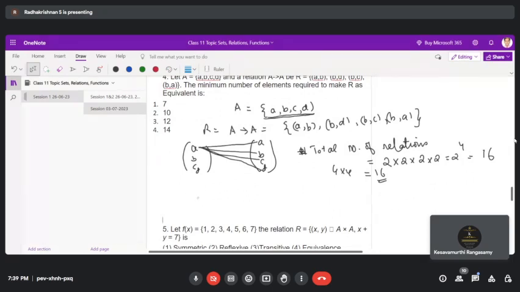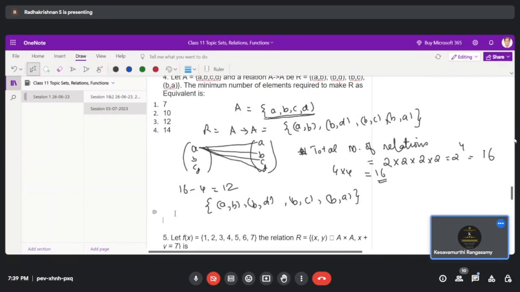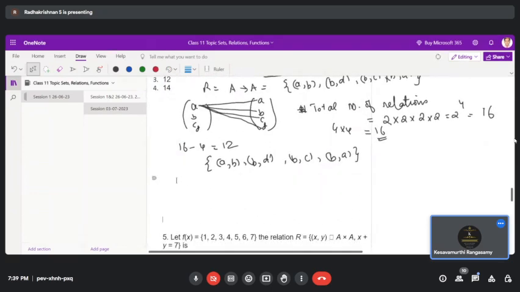You can also do it in another way: 16 minus 4 equal to 12. You can also do it in this way. These 4 elements are there.